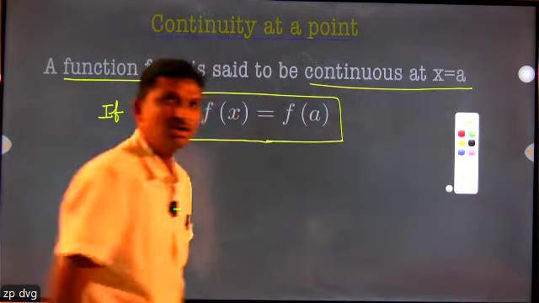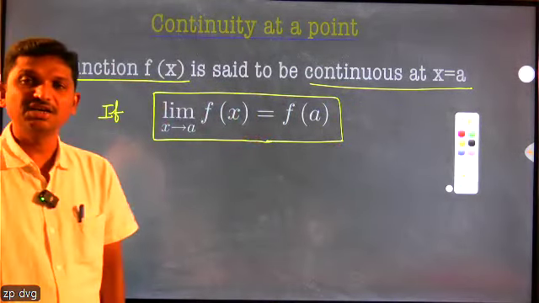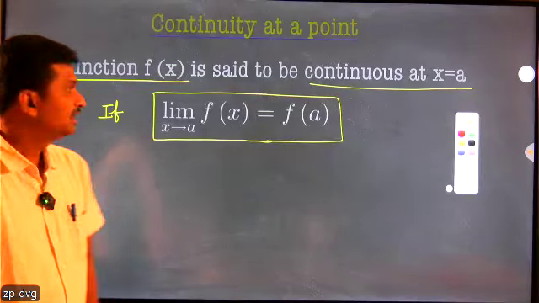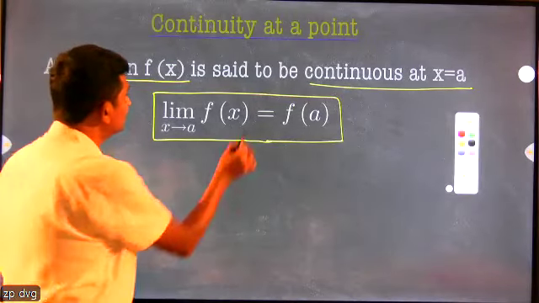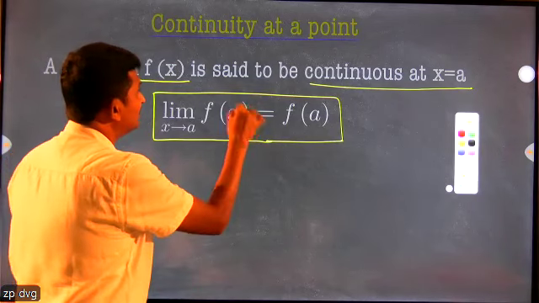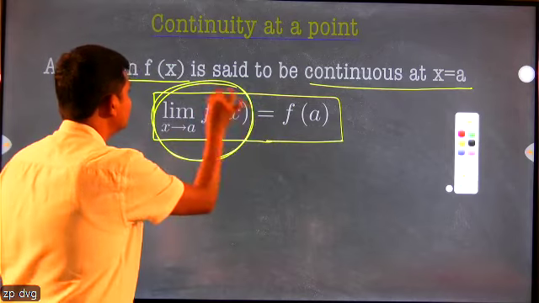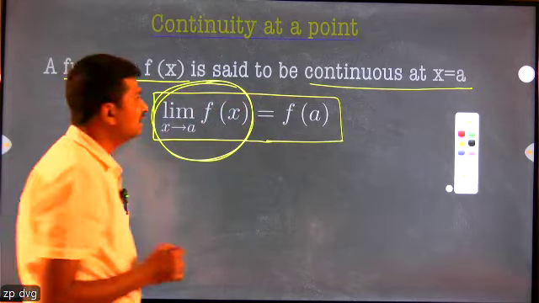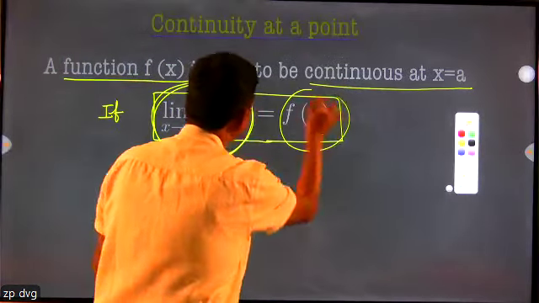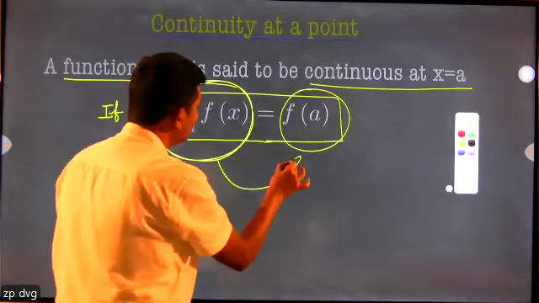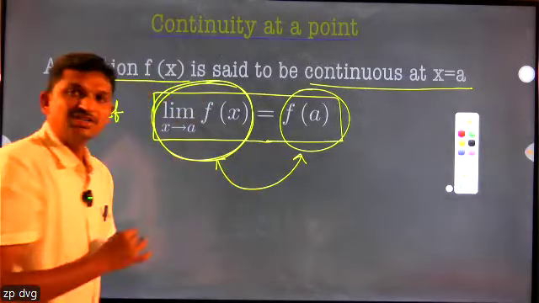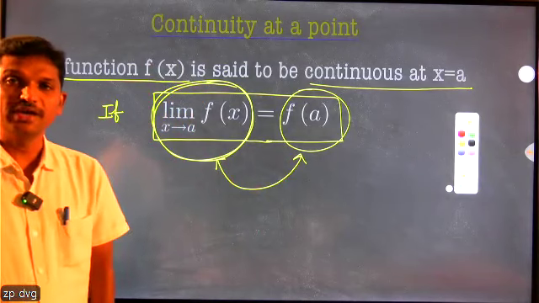If this holds good, then we say the function is continuous at x equal to a. Here, you need to understand that this limit must exist. This is the limit concept. It must exist and it must be equal to f of a. When these two are equal, only then we say that the function is continuous at x equal to a.